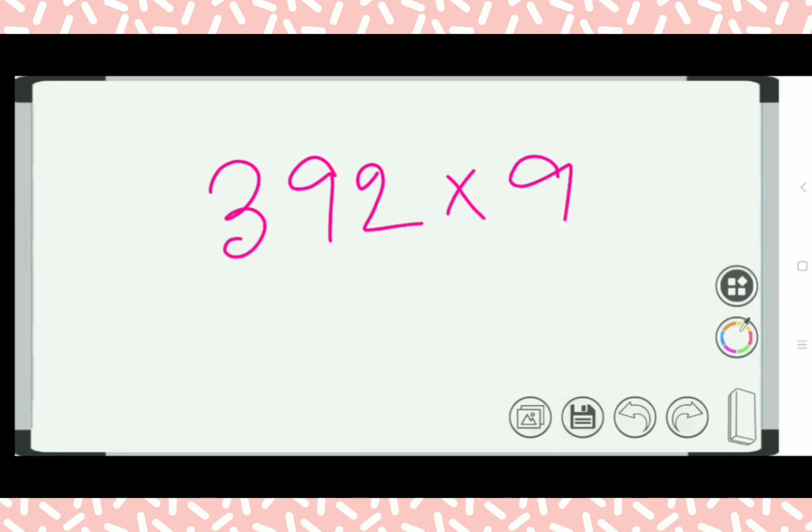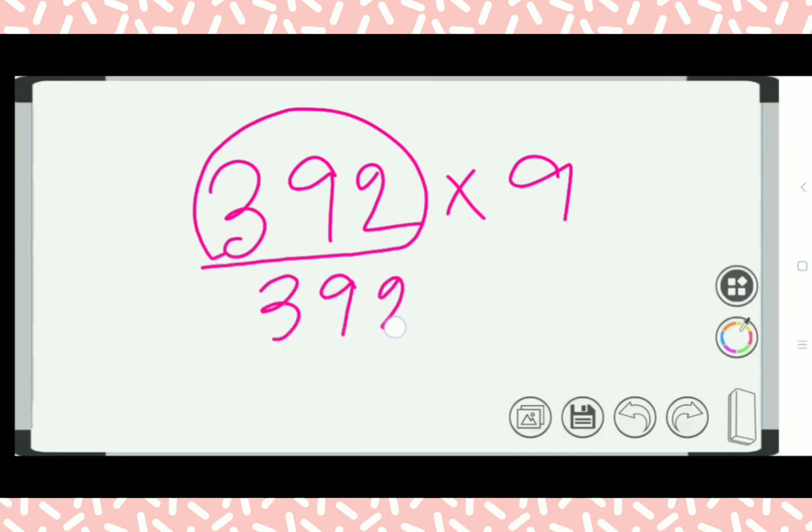Suppose we are multiplying 392 into 9. How to do this? As I said, whatever the number is given for multiplying by 9, after that number just put one 0. See, I have put one 0. Then this particular number will be subtracted from that given number.